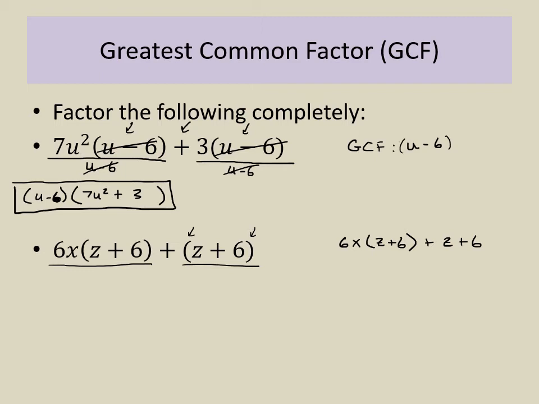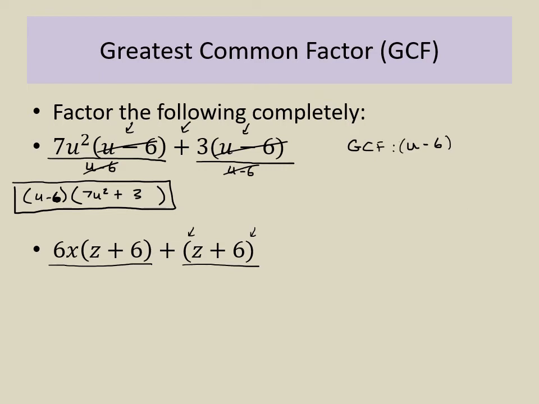So why are there parentheses here? Well, the parentheses serve a purpose to show you that these z plus 6 are common. You can use that whole expression z plus 6 as the greatest common factor.